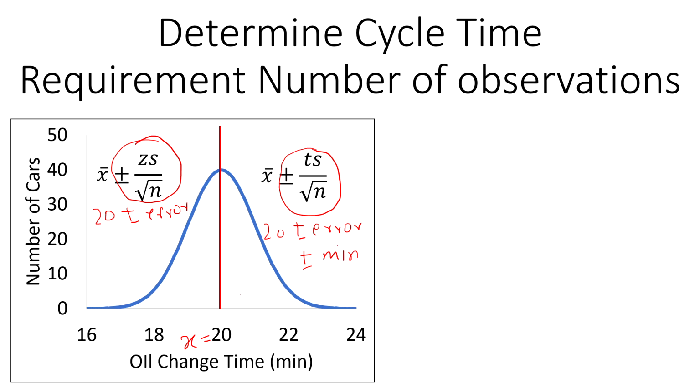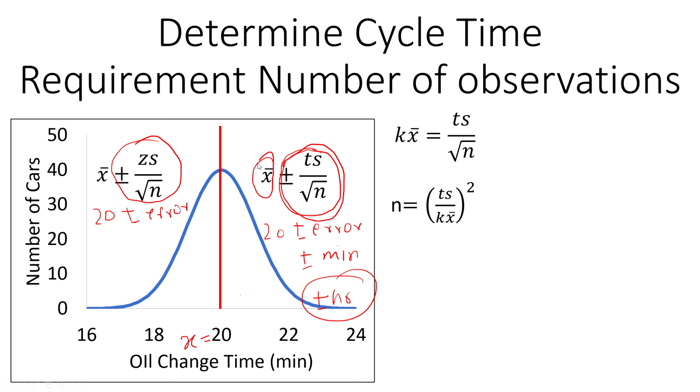Now, when you are doing an oil change, it's going to be plus or minus some minutes. Now think about repairing an engine that requires overhauling the entire engine. Then it's going to be plus or minus some hours, because it will take hours. So this error term is basically some proportion, some fraction, of that mean value.